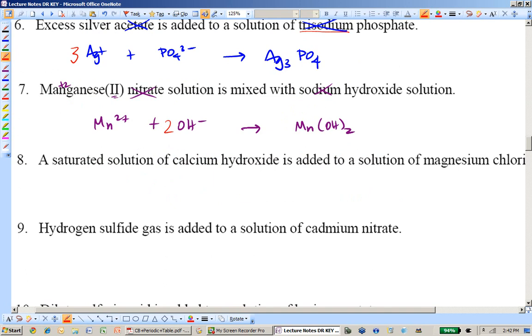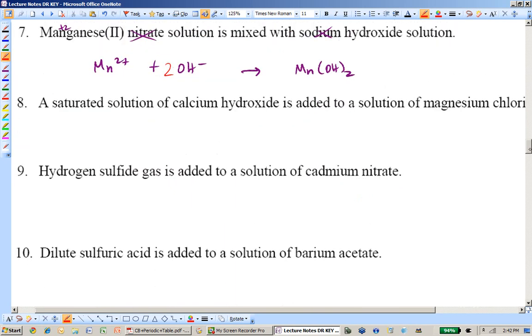Need 2 of those. Total charge on the left, 0. Total charge on the right, 0. I didn't do that up here at number 6. Total charge on the left, 0. Total charge on the right, 0. If you do that, you're more guaranteed to have it correct. I've never had it fail, but never say never, in chemistry in particular.